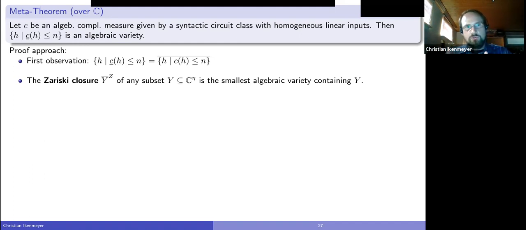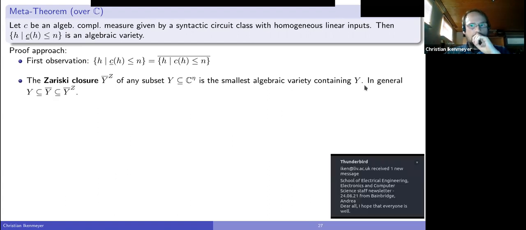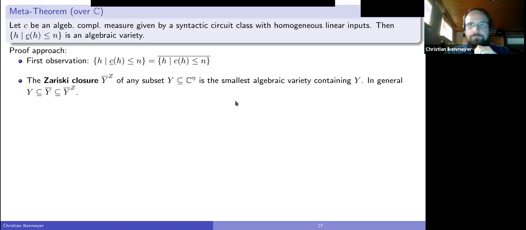The Zariski closure of any subset of your space is the smallest algebraic variety that contains your set. That's a bit coarser than your usual closure. Usually you have your set, you can close it, and then the Zariski closure might be even larger than that.